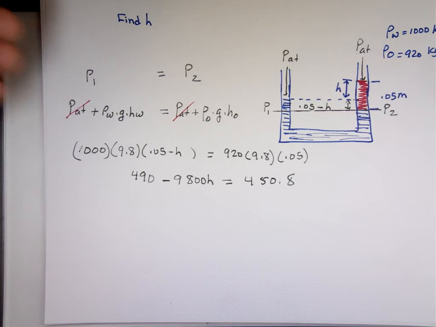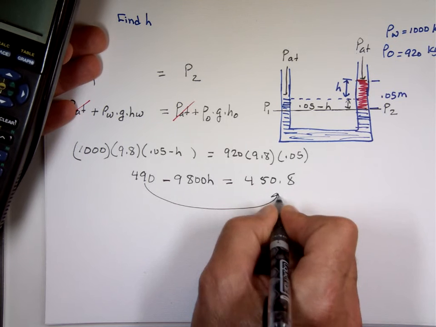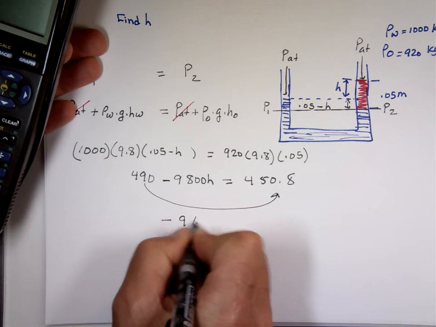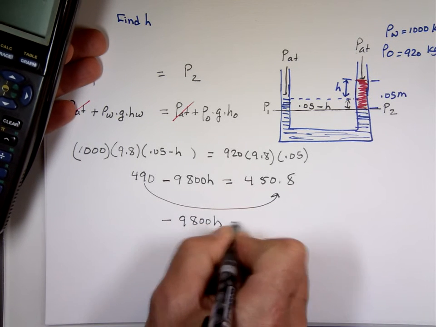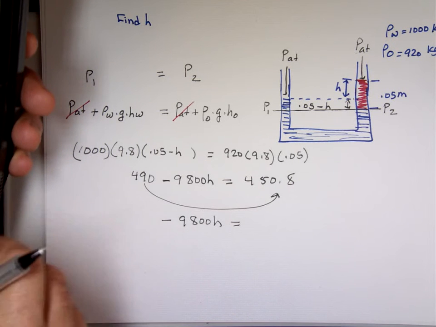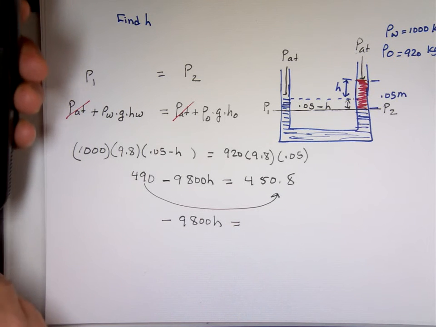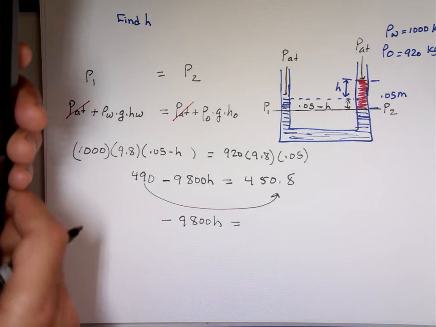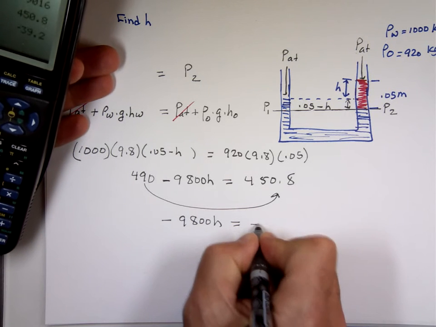Take this one to that side. 450.8 minus 490, that's negative 39.2.